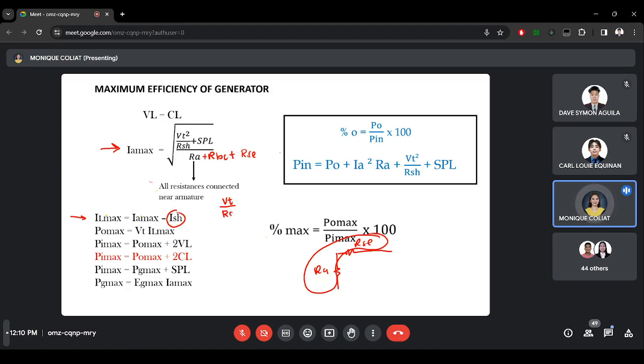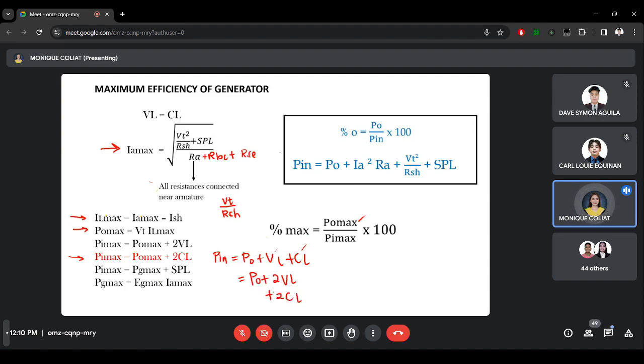This one, the red one. Yan ang lagi namin ginagamit. Wherein CL is equal to VT squared over RSH plus SPL. That means PI max is equals to PO max plus 2 times VT squared over RSH plus SPL.